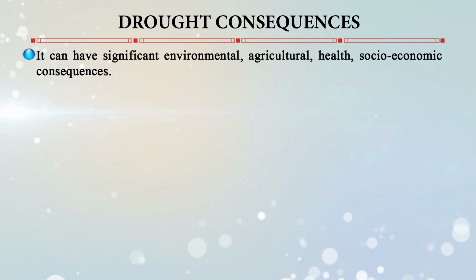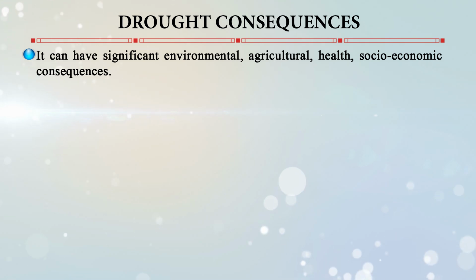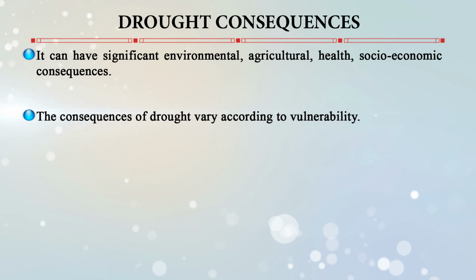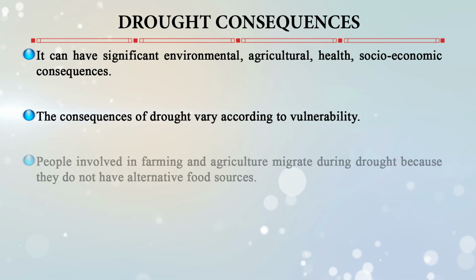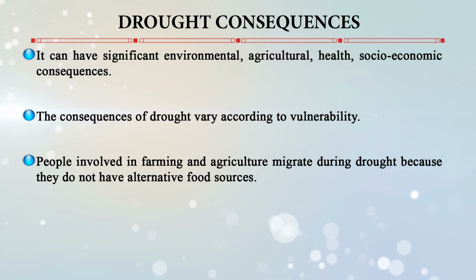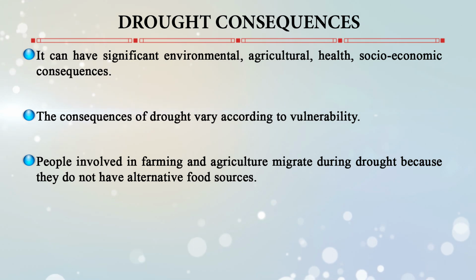The consequences of drought. It can have significant environmental, agricultural, health and socio-economic consequences. This can also vary according to the vulnerability. People who are more involved in farming and agricultural activities migrate during drought because they don't have any alternate food source.